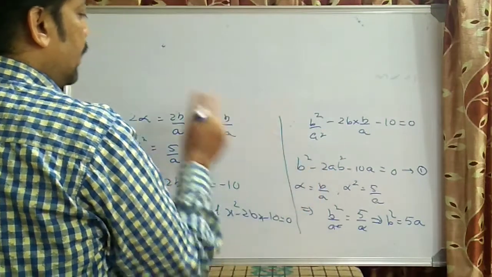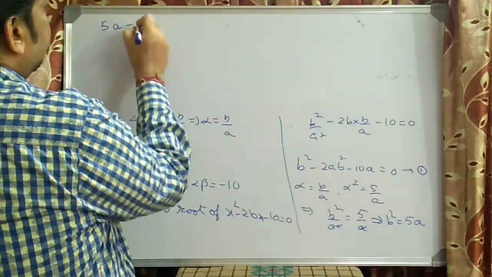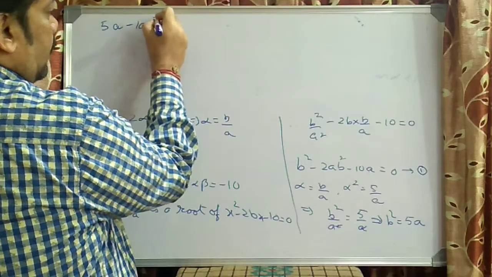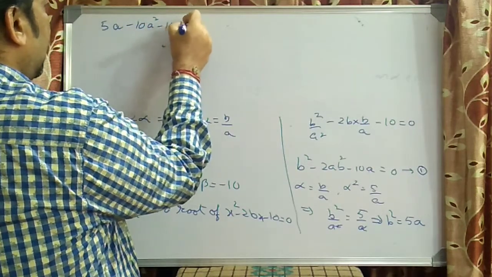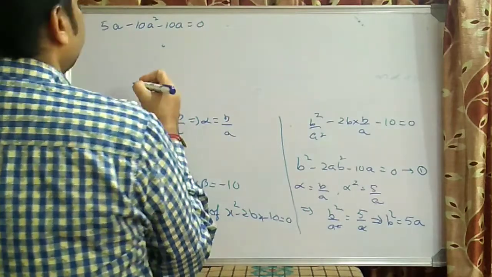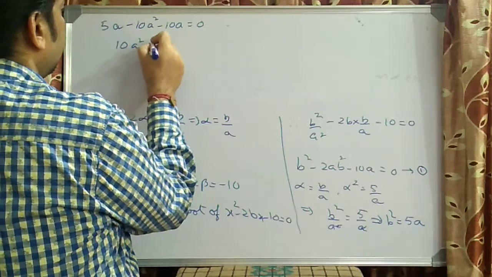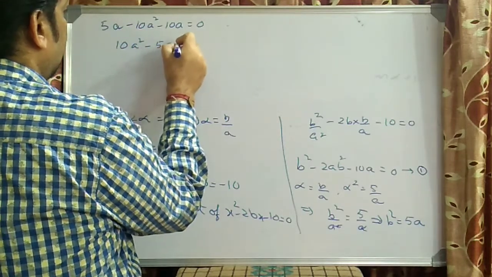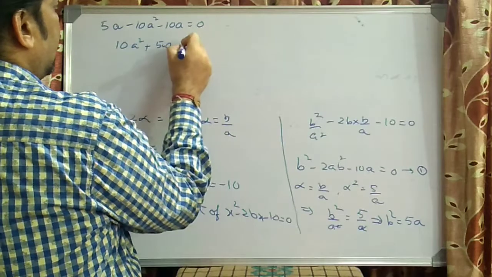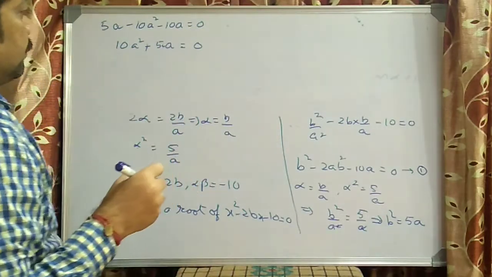Substituting in equation 1, 5a minus 10a square minus 10a is equal to 0.